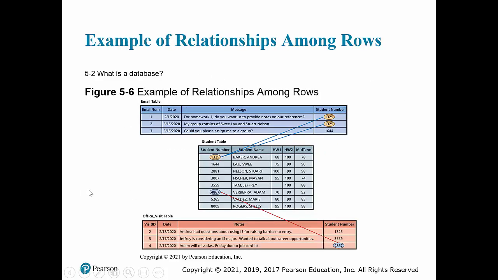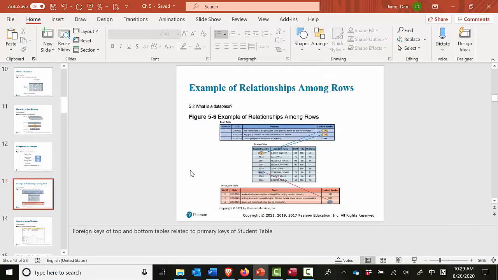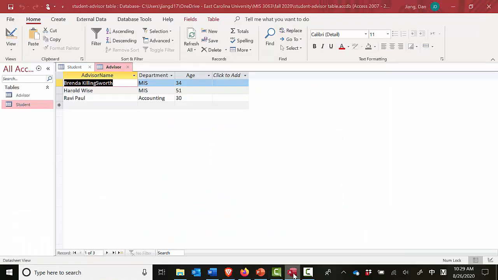And then lastly, you guys should be aware that in database, as I said, the tables are usually connected with each other. What does it mean? Okay, let's show you in this database.